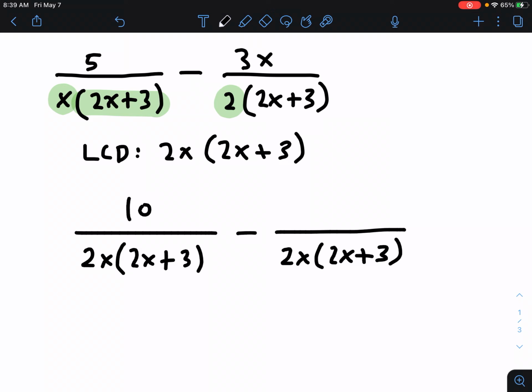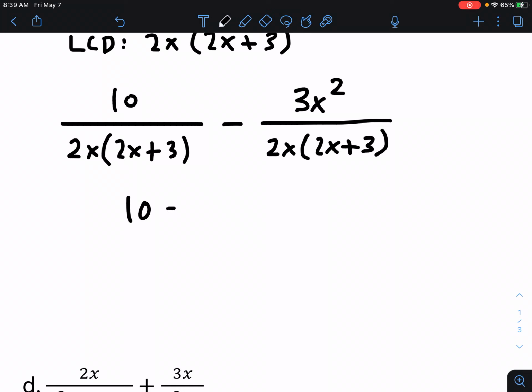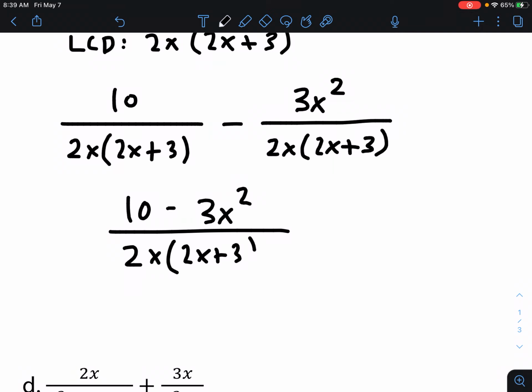And then in the second one, all I have to do is multiply by x, so this becomes 3x squared. And then I'm going to subtract. So 10 minus 3x squared all over 2x times 2x plus 3.